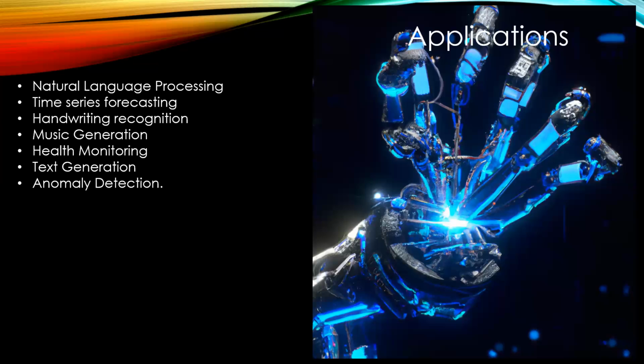Let's now talk about the third important application area, which is handwriting recognition. LSTM networks can be used to recognize handwritten text, which is useful in applications such as digit recognition, signature recognition, and text recognition from images.